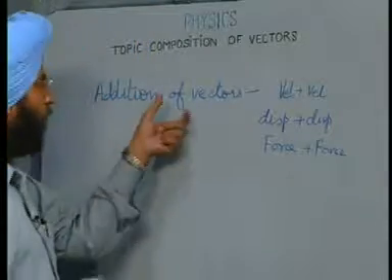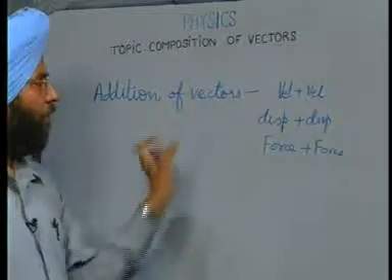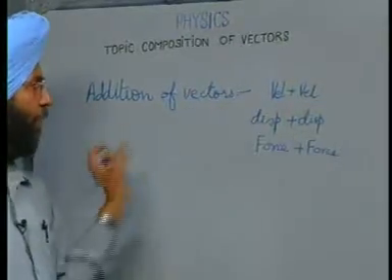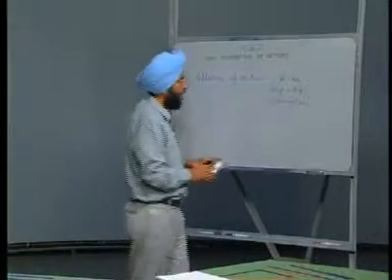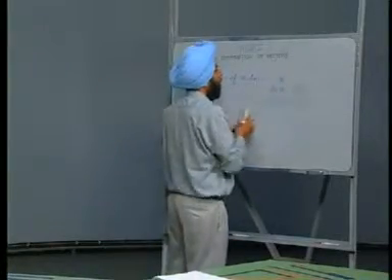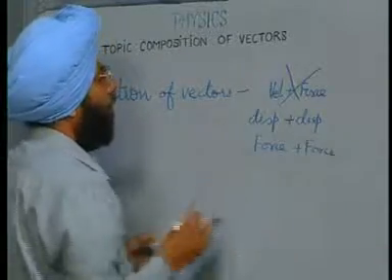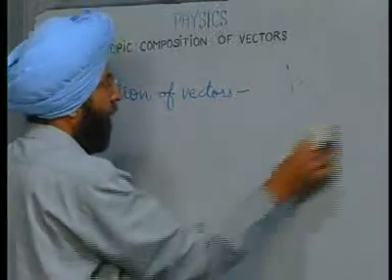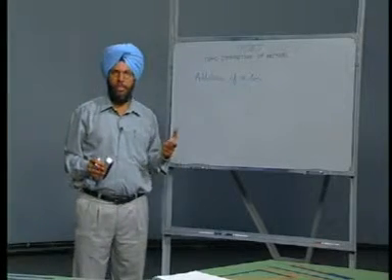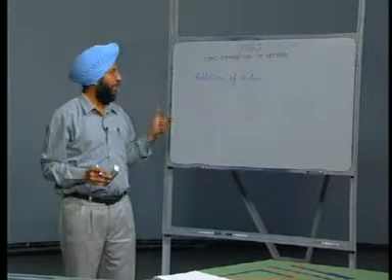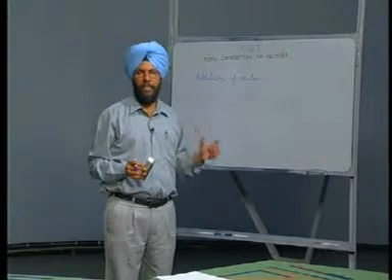When we are adding two velocities, this law becomes the law of addition of velocities, similarly law of addition of displacements, addition of forces, like that. We cannot add a velocity to a force, velocity to a displacement, velocity to an acceleration, velocity to speed, or a vector to a scalar.